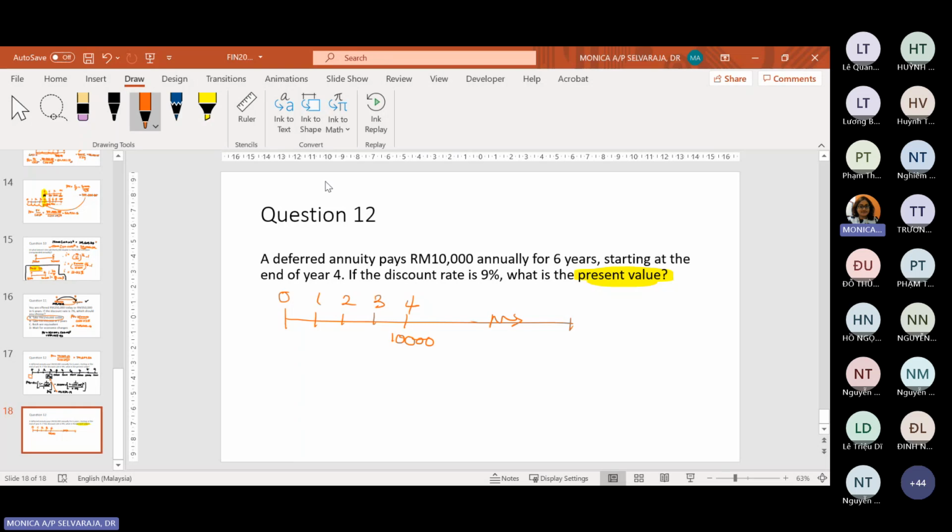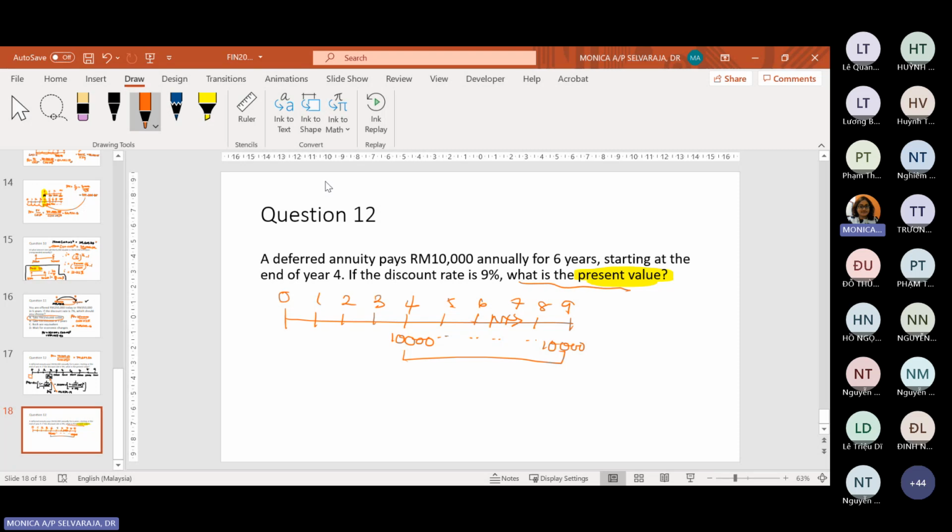So you have 4, 5, 6, 7, 8, 9. So 1, 2, 3, 4, 5, 6, 6 years. Okay, 6 years. So what is the present value?